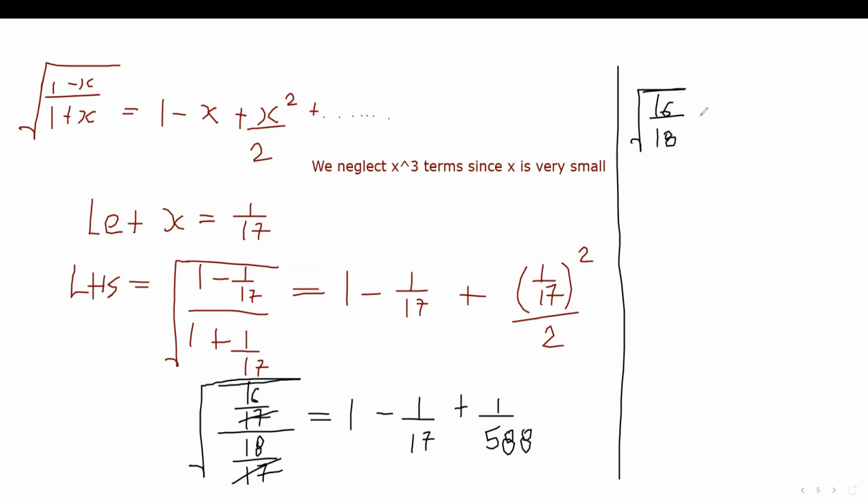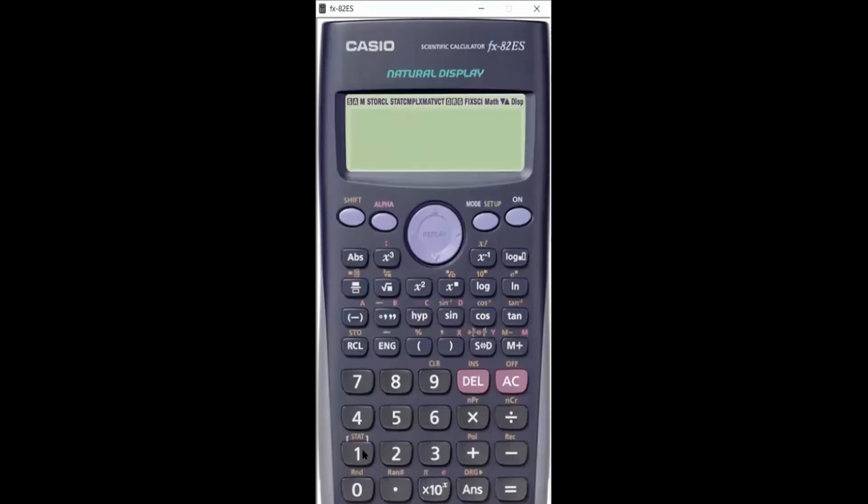And the root of 16 over 18 is on this side. Add up all of the terms here. We don't want to stress ourselves, so no calculator yet. Plus 1 over 588. That's what we really get: 9425 over 9996.